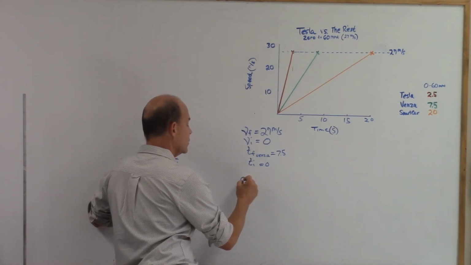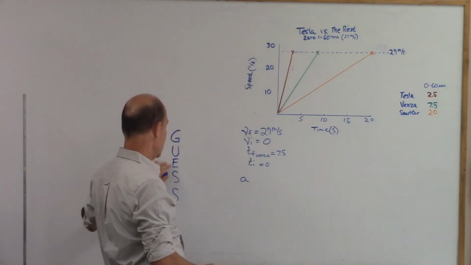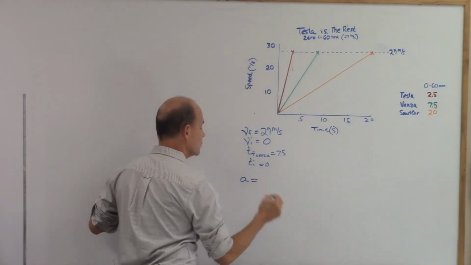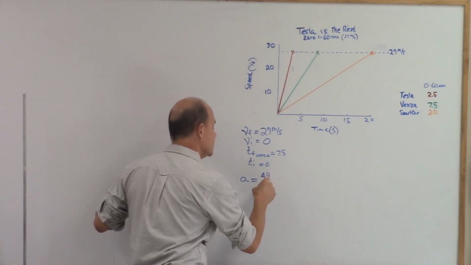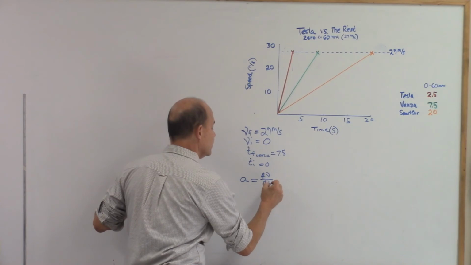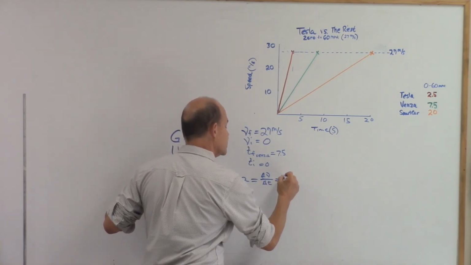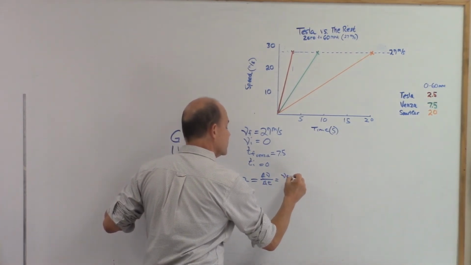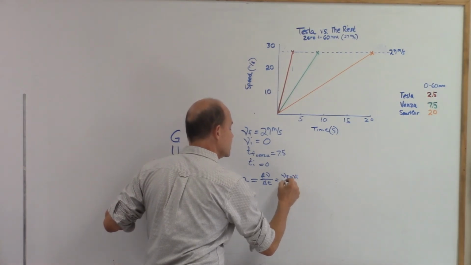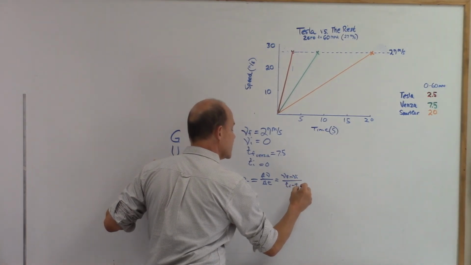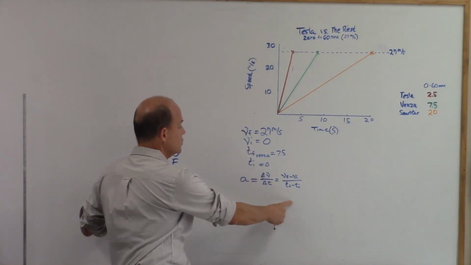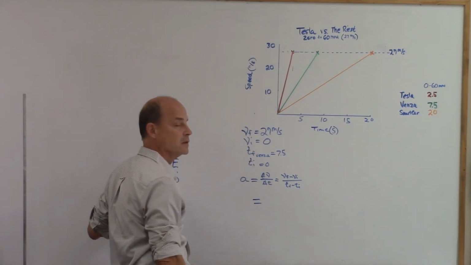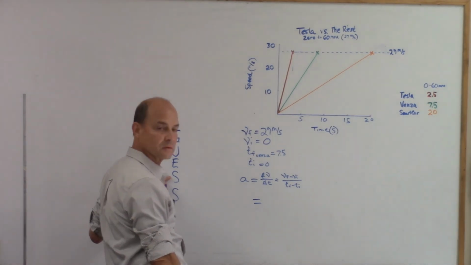The unknown, what we're trying to find out, is the acceleration, and we have an equation for that. The equation is the change in speed over the change in time, right? Which we will write out in detail as the final speed minus the initial speed divided by the final time minus the initial time. Okay? And now you just substitute values into the equation. Okay? I want you to go ahead and do that.